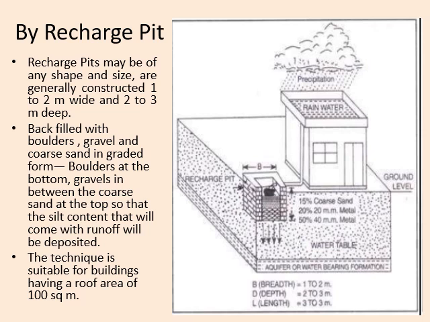So sand will be at the top, then the layer of gravel, and lastly boulders. The silt content or the particulate matter which will come with the rainwater surface runoff will get restricted in the first coarse sand layer, because the void spaces will be less. The technique is suitable for buildings having a roof area of 100 square meter.